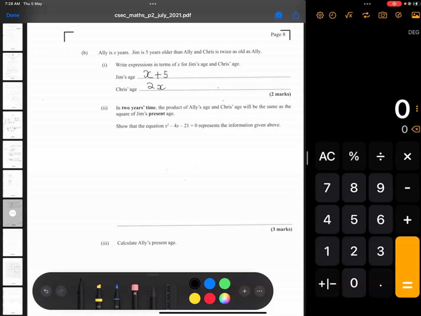Alright. So, the words in 2 years' time is very vital. That's why it is bold. So, we're going to write Ali's age in respect to 2 years' time. So just going to write the letter of each name. So Ali for A. So Ali's age in 2 years' time would be X plus 2.